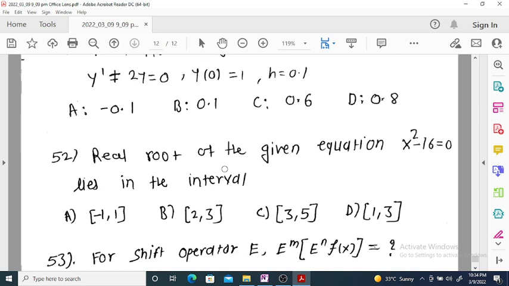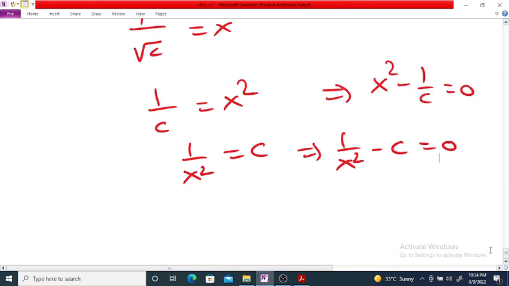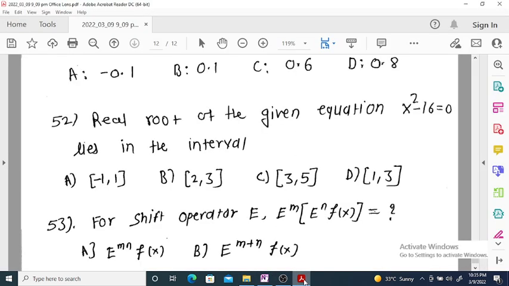For Euler method, real root of the equation x square minus 16. Now here f of x is equal to x square minus 16. So f of 3 is negative, f of 5 is positive. You can check here.